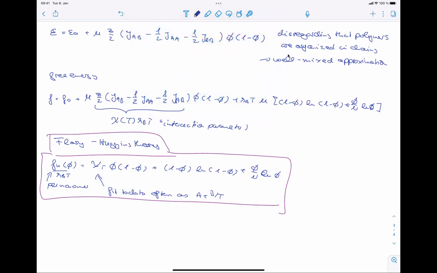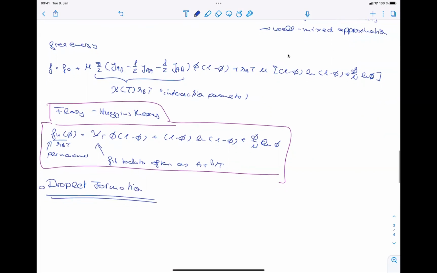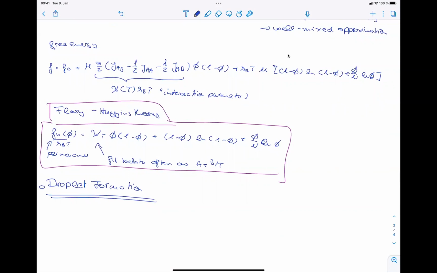Okay, so now having the Flory-Huggins theory, we turn to the question of droplet formation. So first of all, why do the droplets form?